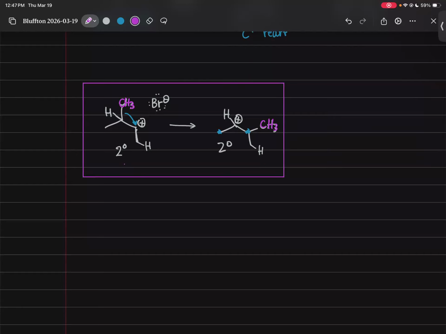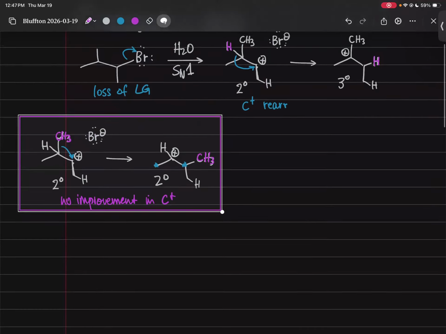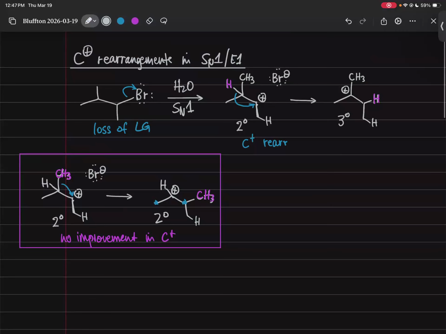There's no improvement in the carbocation stability here, so this is not going to be a valid rearrangement. If you move the hydrogen on the bottom right up here, this is going to be a primary carbocation, and that's really unstable, so that makes it even worse.